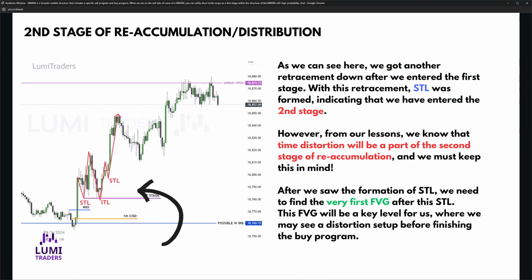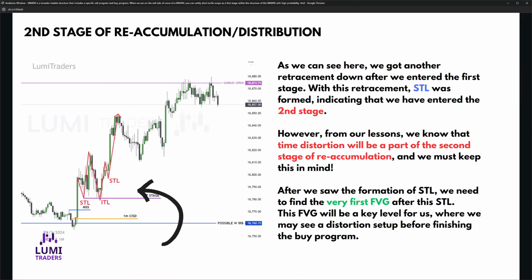Two different names. After we saw the formation of a short-term low, on the right side of this intermediate term low right here, intermediate term low, short-term low, we need to find the very first fair value gap after the short-term low. Once again, if you trade silver bullet, you want to find this on the 5-minute chart, on the 3-minute chart, on the 30-second chart, on the 1-minute chart.